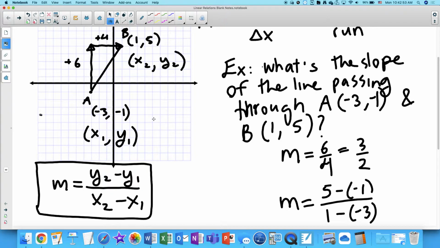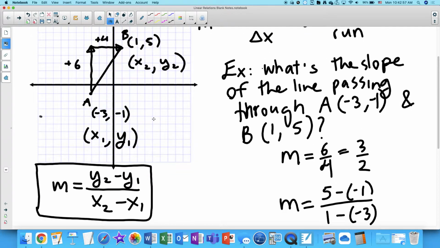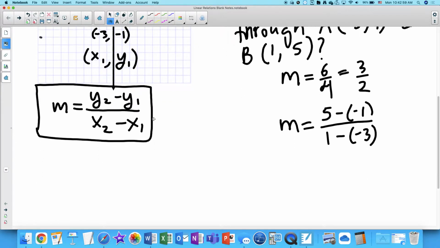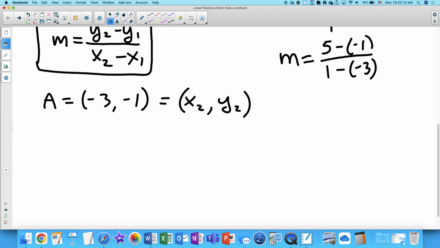Yeah, well, let's try it. Let's suppose that the point A, which is -3, -1, is now x2, y2. And the point B, which was 1, 5, is now x1, y1.